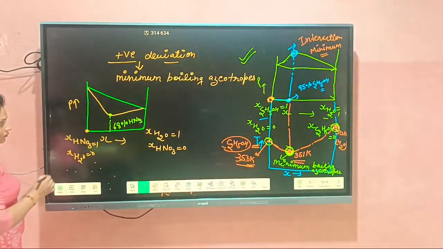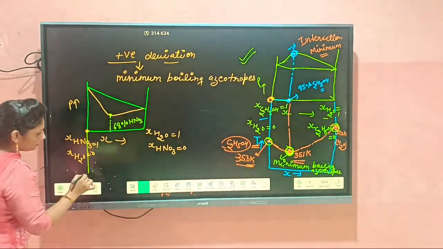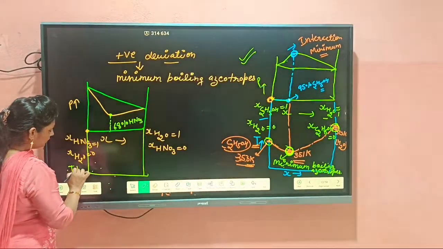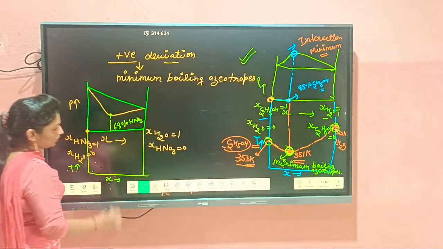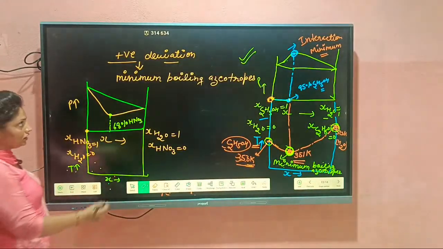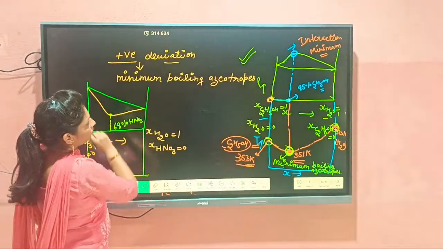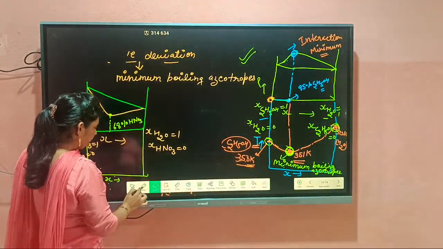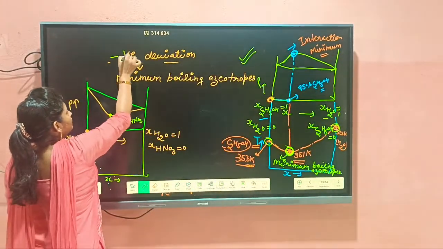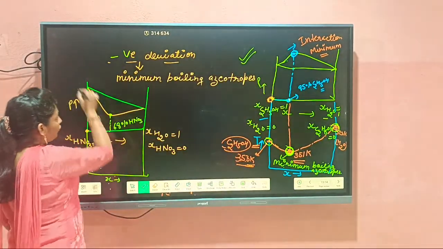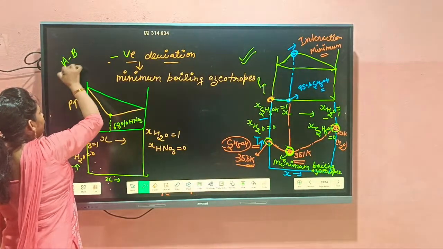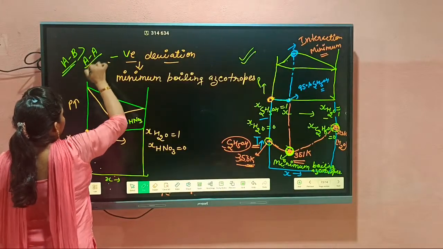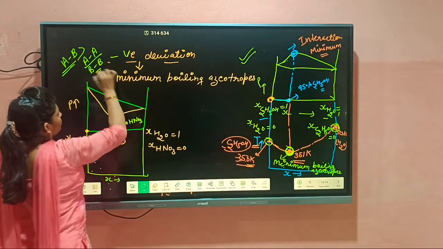Okay, students. But if I draw the graph between temperature and mole fraction, what will happen after mixing, because they are showing negative deviation? Here the force of attraction between AB components will be greater as compared to the AA and BB components.